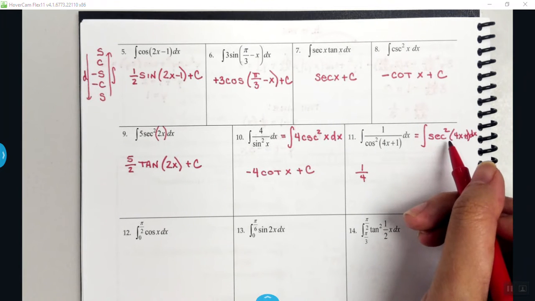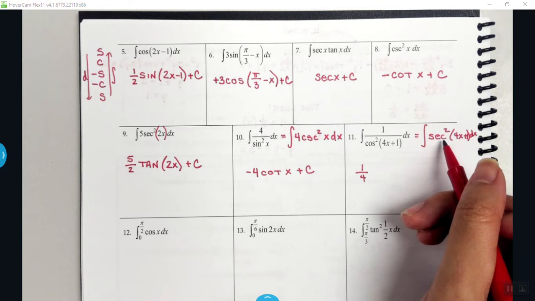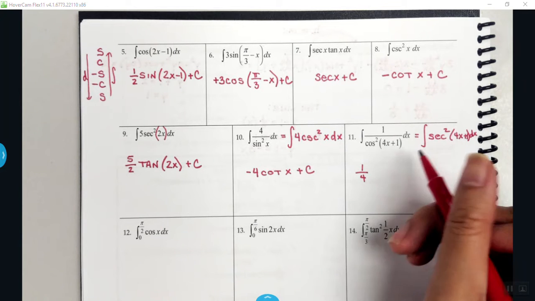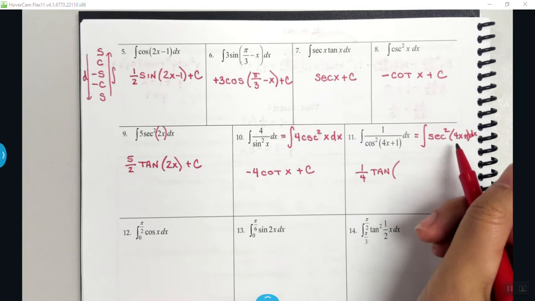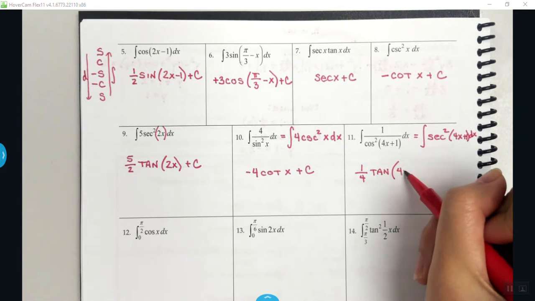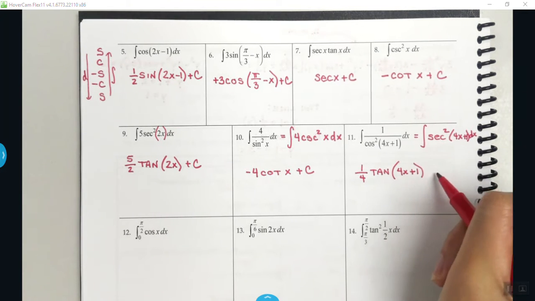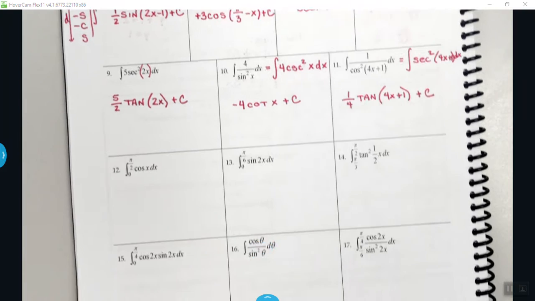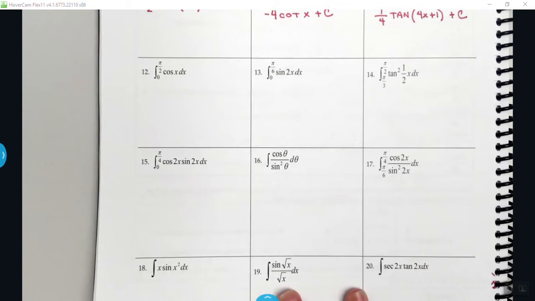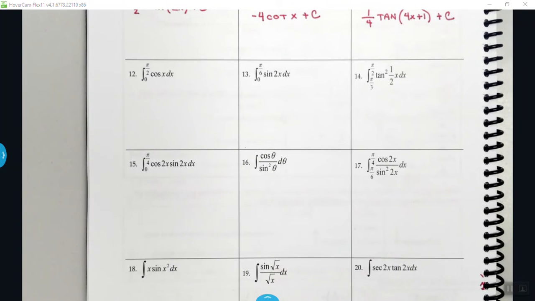Integral of secant squared is tangent. Go back to x. And then plus c. Right? This isn't that bad. Yeah. It takes just a little. That's it? Let's go. No, we're going to go through to 20.